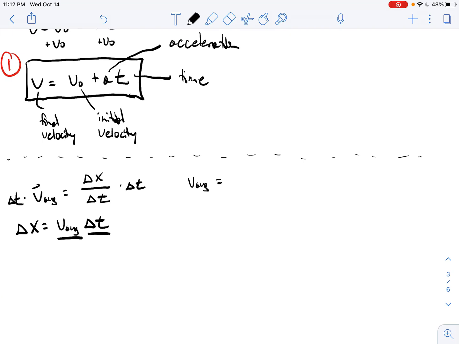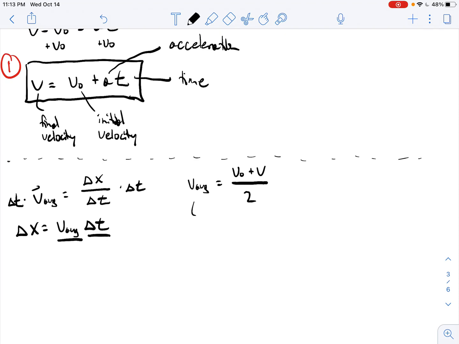one thing that you guys learned back in math was to take an average. What you can do is add up a set of numbers and then divide by however many numbers you had. So if we have quantities of initial velocity and final velocity, we can find the average between our initial and final velocity by adding them up, and then because we have two terms, we're going to divide by 2.